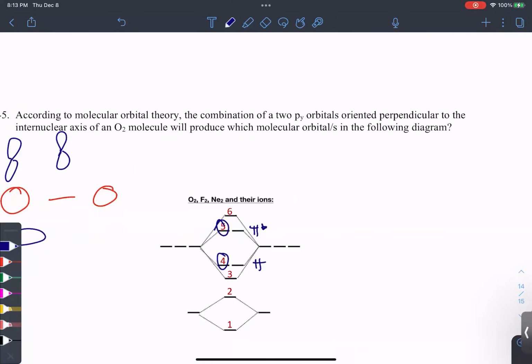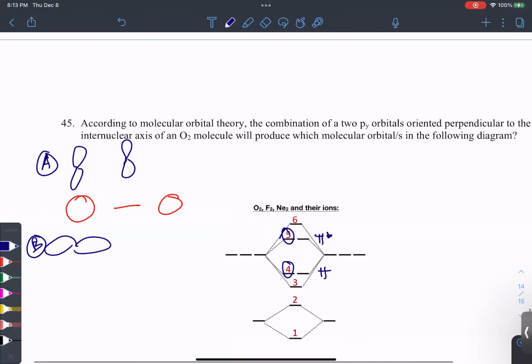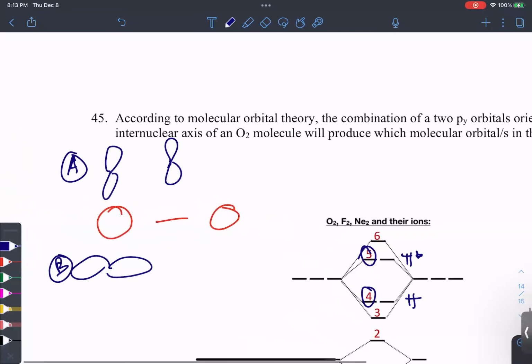Let me explain it another way. Remember, the number of atomic orbitals you put in is the number of hybrid orbitals you get out. That's like a rule with linear combinations. So the number of atomic orbitals, wave functions you put in is the number of molecular orbitals you get out.